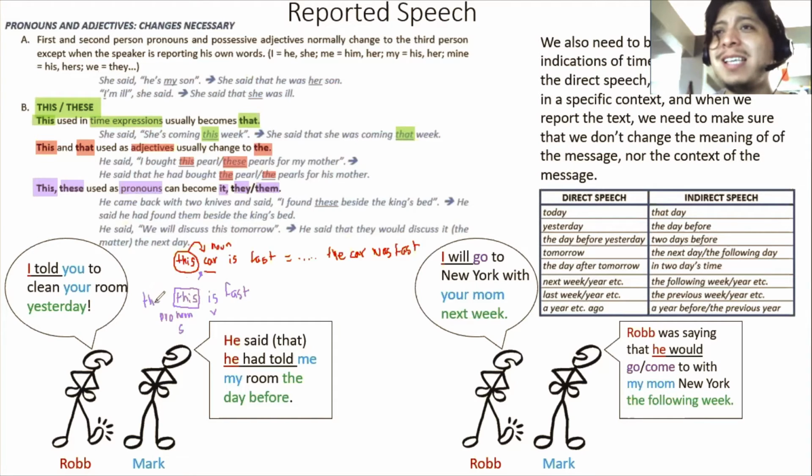Si fuera these, sería are, entonces sería plural. These are fast. Aquí decimos this is fast. Entonces esto se dice he was saying that it was fast. Como este es singular y es el sujeto, entonces ponemos it.